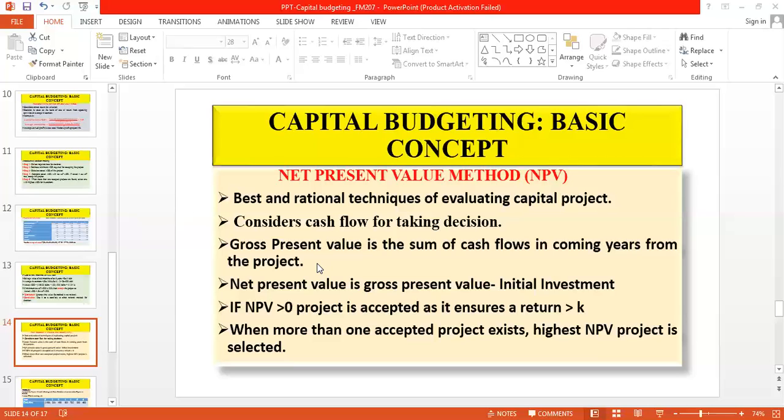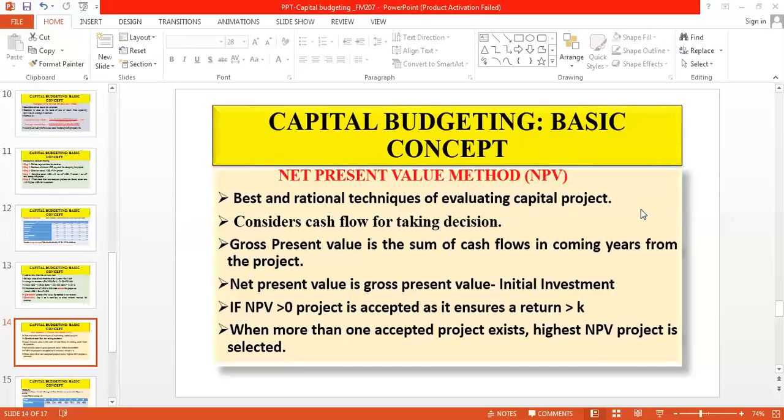This discounting factor indicates the time value of 1 rupee. How is it calculated? We know the formula is 1 by (1 plus i) to the power n. i means the discounting rate and n means the year after which this cash flow is generated.